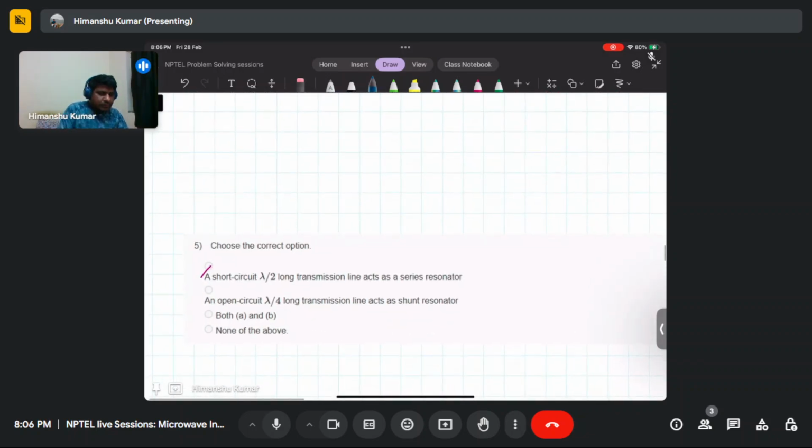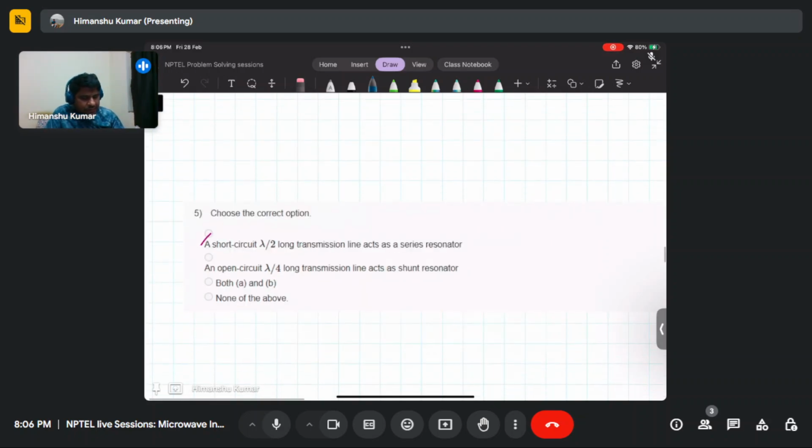Okay, so now choose the correct option: a short circuited lambda by 2 line can act as a series resonator.